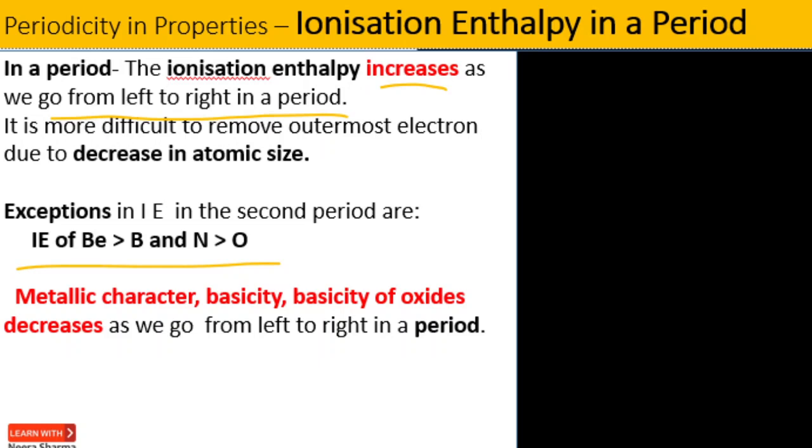So what happens to the metallic character? As ionization enthalpy increases, metallic character will decrease. Similarly, basicity of oxides will decrease as we go from left to right in a period.